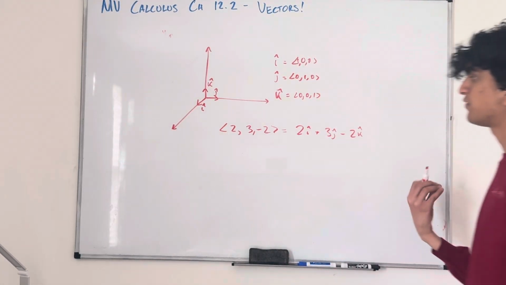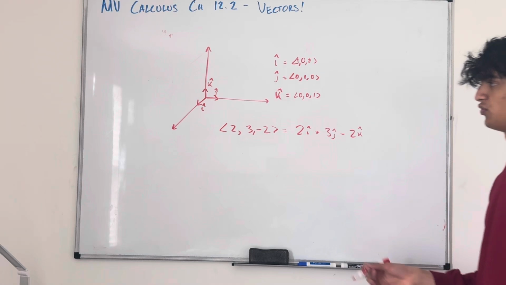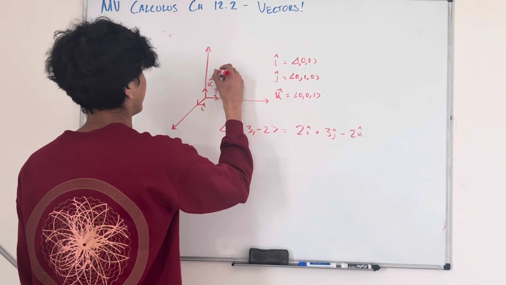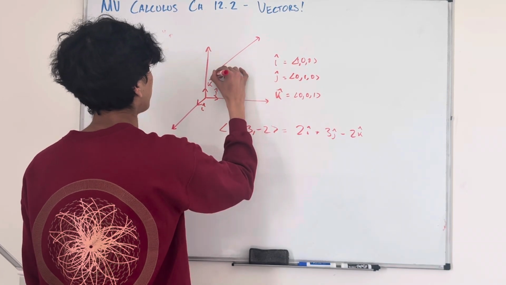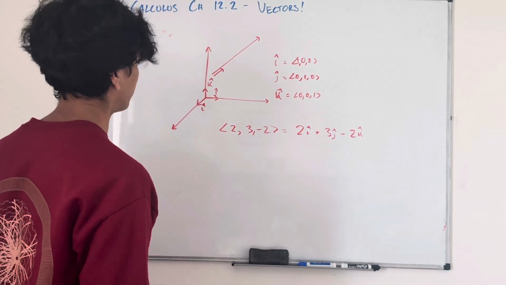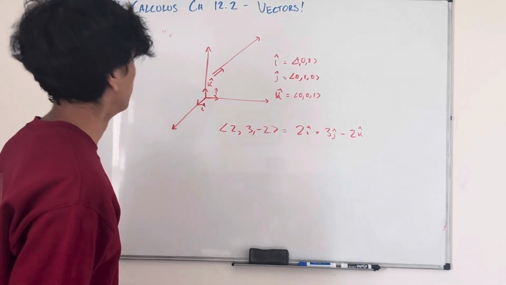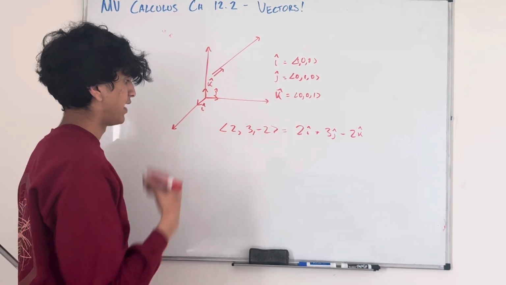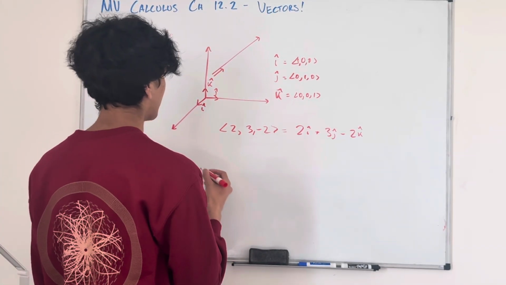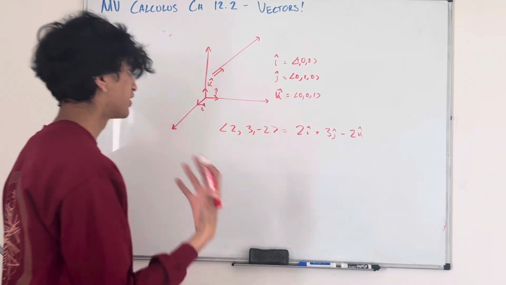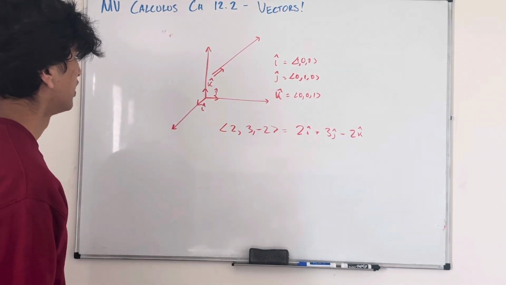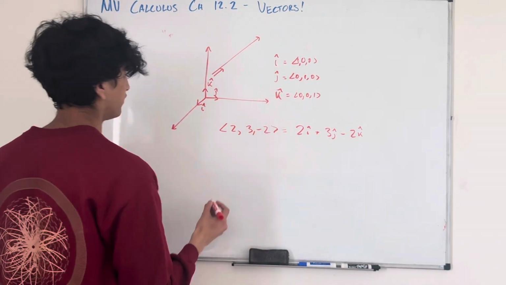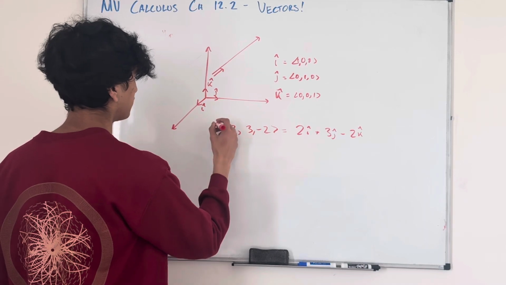And if you want to find the unit vector with any direction, these are just directions along your axes, but you can actually find the unit vector that has the same direction. So for something like 2, 3, -2, to find the unit vector that once again has magnitude 1, you have to divide each of these components by some number a.